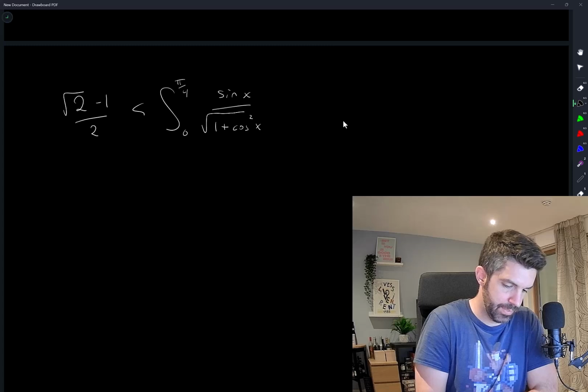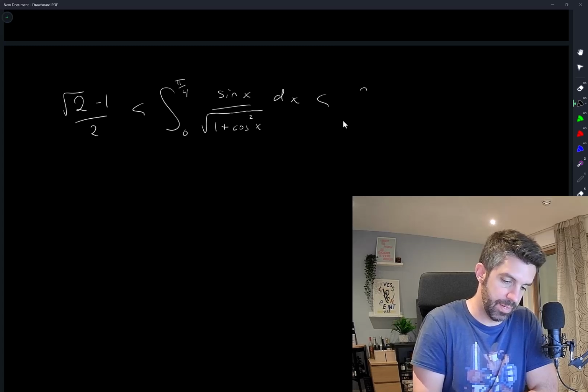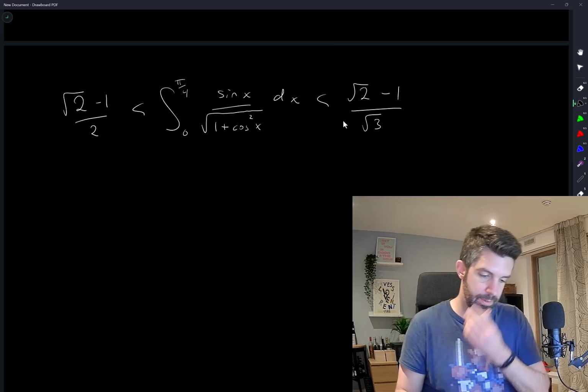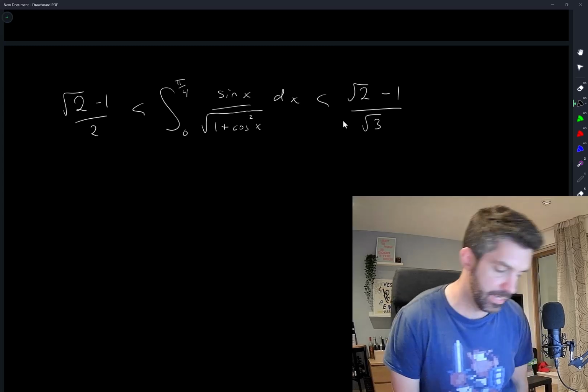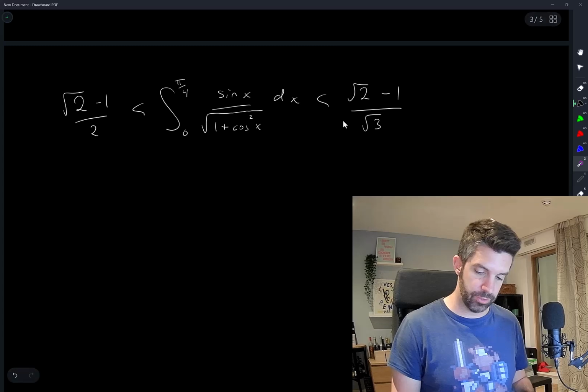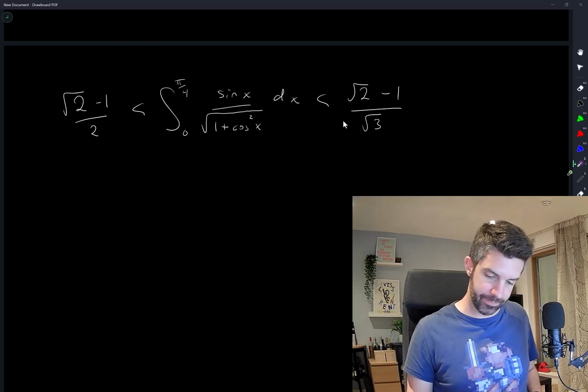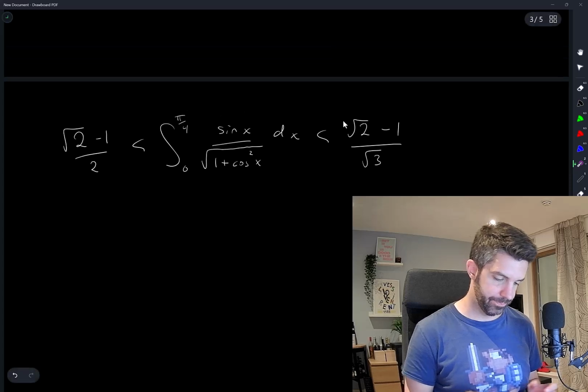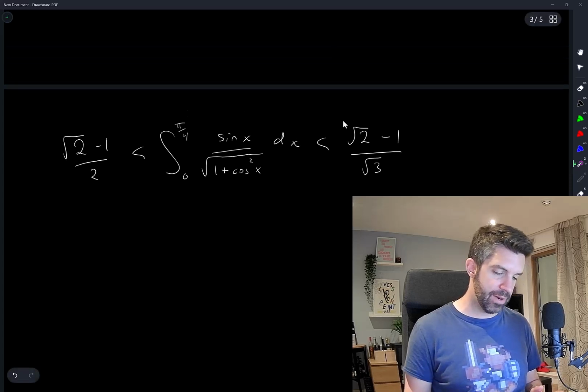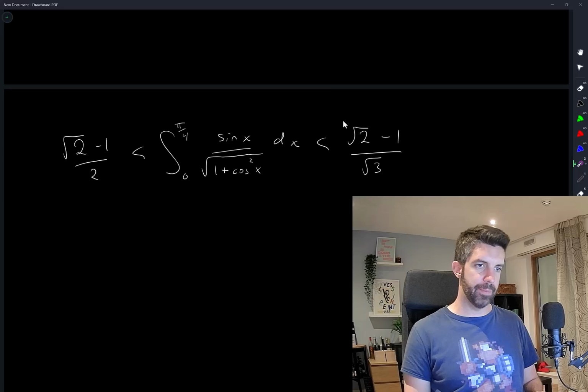Yeah, so this didn't turn out to be as difficult as I thought maybe it would have been. We didn't actually need to integrate anything other than sine x. We didn't need to use any fancy trig substitutions or trig identities. Really just a question of, and it was a little bit of a stab in the dark, right?